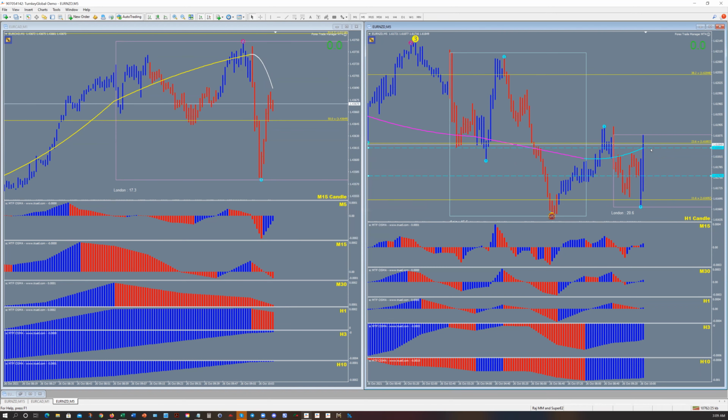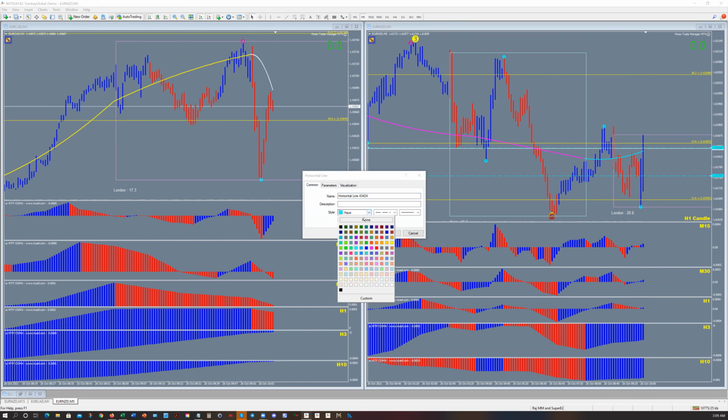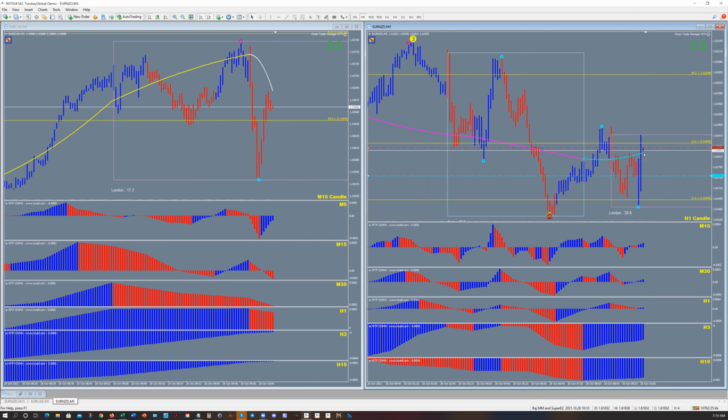So you entered over here, and the stop loss was 18 pips, and I closed it for 2 pips. You would also already be in a negative situation. Yes.